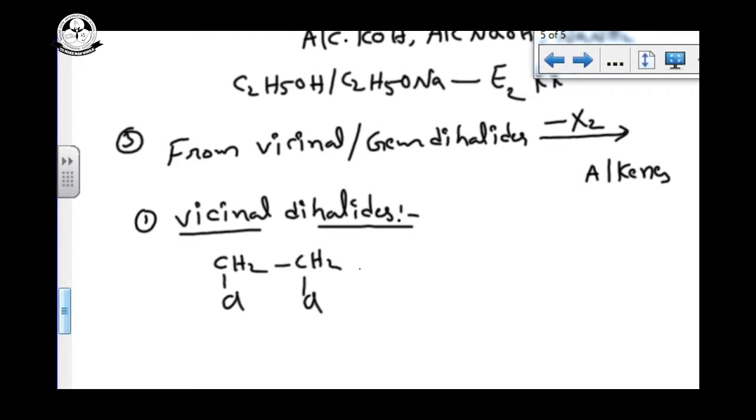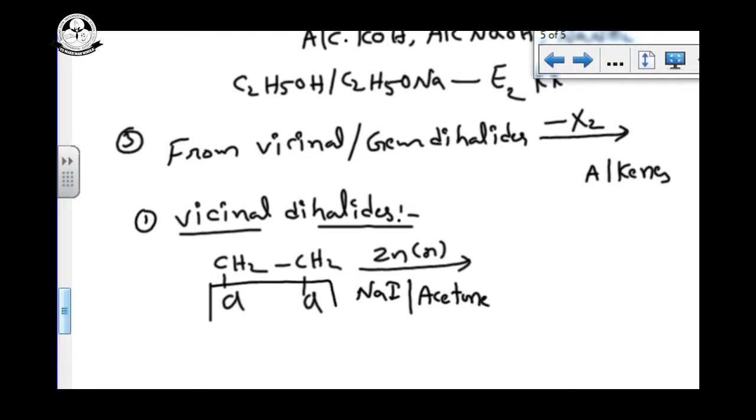That is called vicinal dihalides. So we have to use zinc dust or zinc metal, or another one is sodium iodide in presence of acetone.